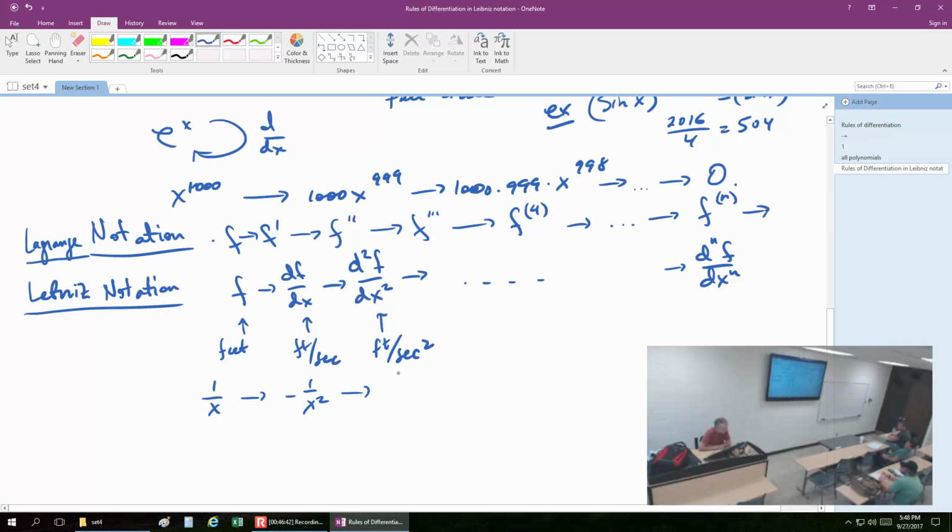It's easier if you write it in the power formula form. The power will be decreasing, but the absolute value of the power will be increasing. So the next one will have the power of -3, and the coefficient in front of it will be 3. As you can see, it will alternate the sign to begin with, but otherwise there is no end to it. That number will be increasing: 1, 2, 3, 4, and so on. So there is no end to it.